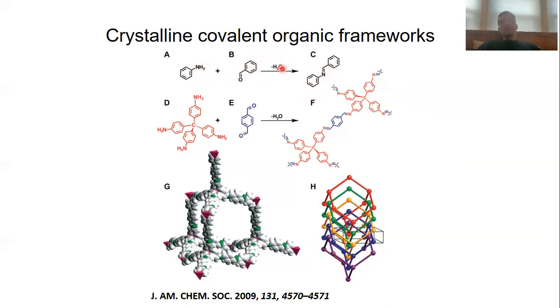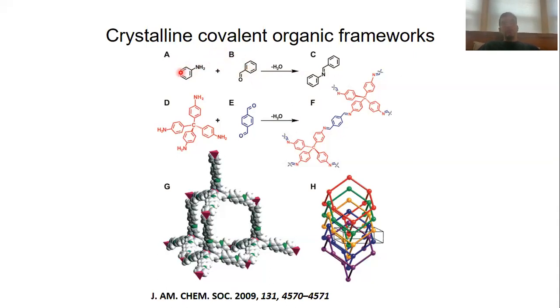Okay, so the amount of water in the reaction system decides whether the chemical equilibrium lies more on the right side or the left side. Okay, so now I can again use this principle in order to produce a covalent organic framework. It's just again that you have to go from monotopic building units to multi-topic building units.